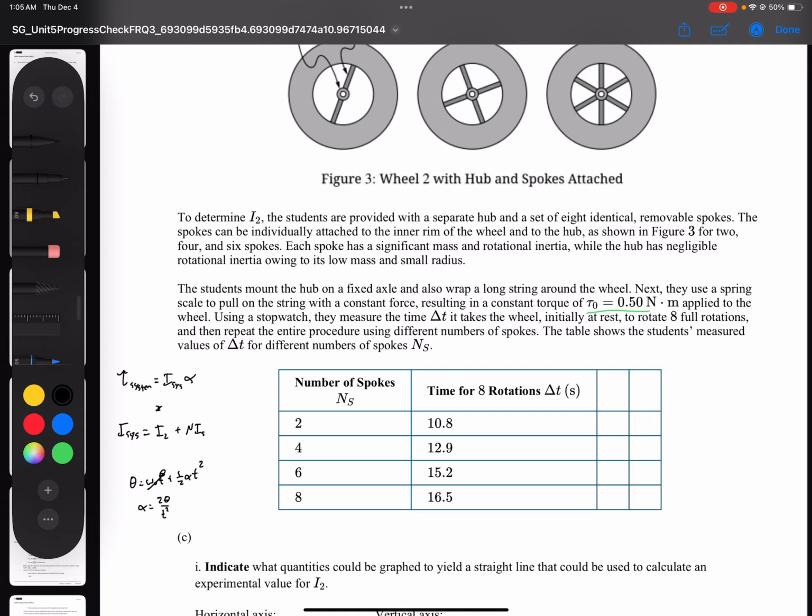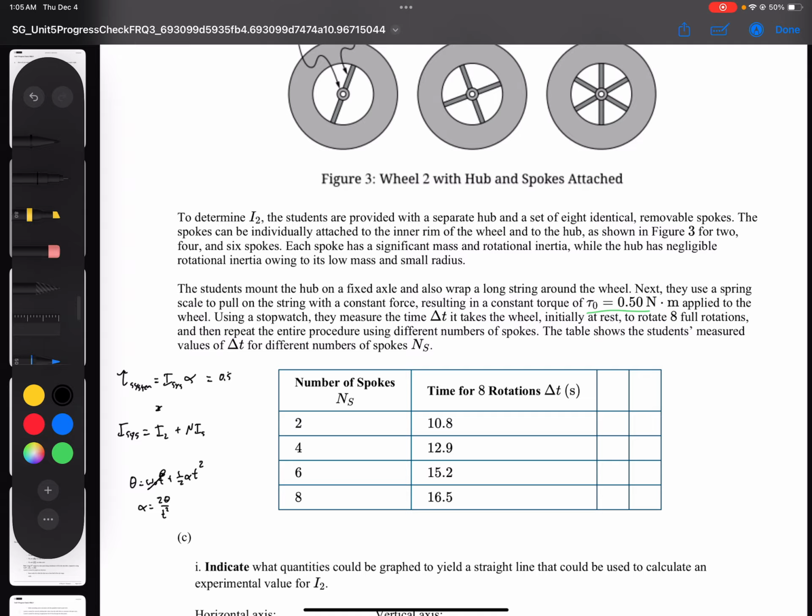So if I want to create a relationship where the amount of time is dependent on the number of spokes on the wheel, what I'm going to end up writing here is, let's see here. So I have alpha in terms of 2 theta over t squared. And I know that this torque on the system has to equal 0.5, right? And so that's tau naught. And I need to relate it to the moment of inertia of the system.